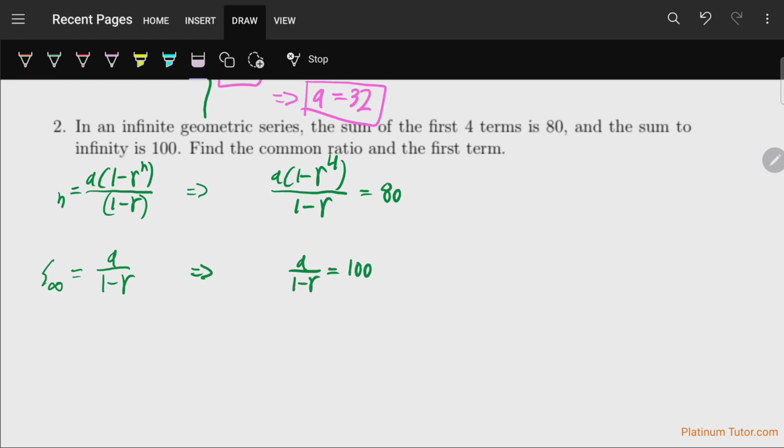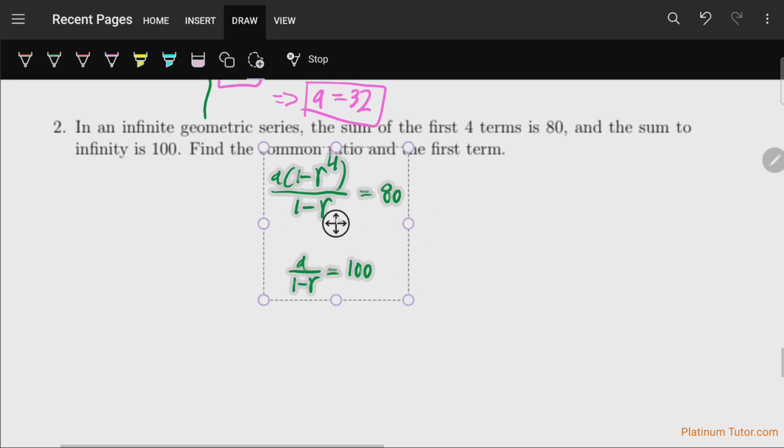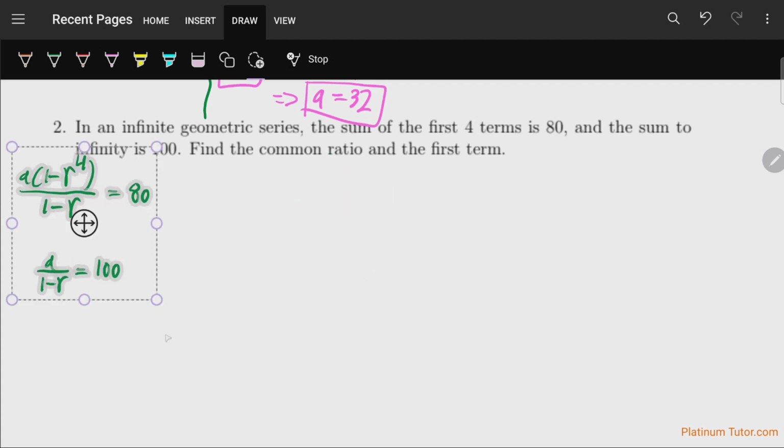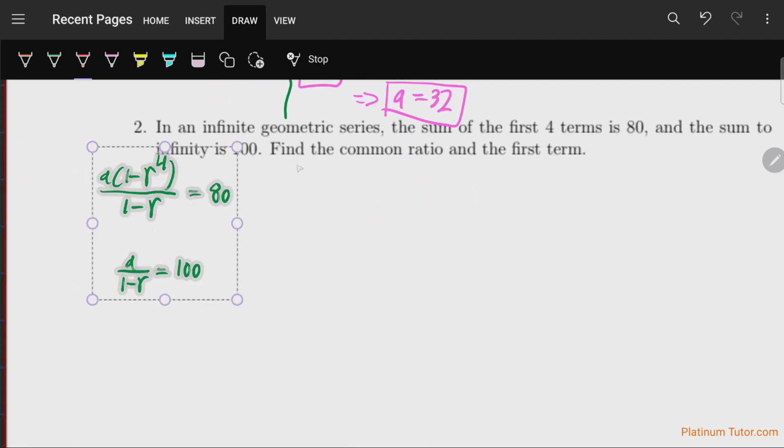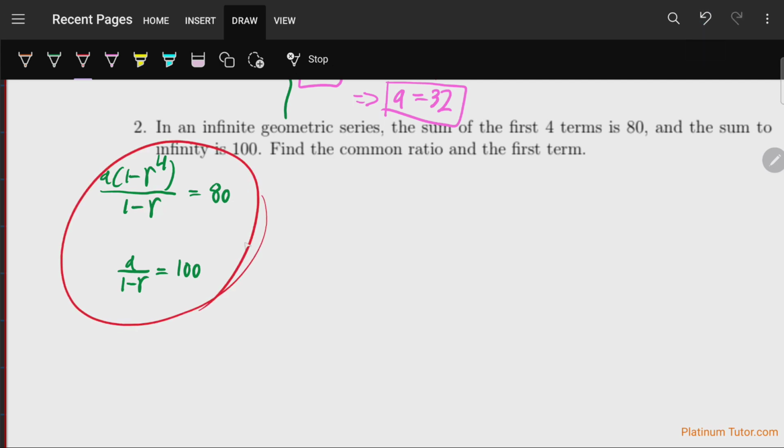Okay, so now I'm going to erase these and just put these guys to the side. How many unknowns do we have? Well, we don't know a, we don't know r. So there are 2 unknowns there. And how many equations do we have? We have 2 equations. So 2 equations and 2 unknowns, we should be able to solve this.